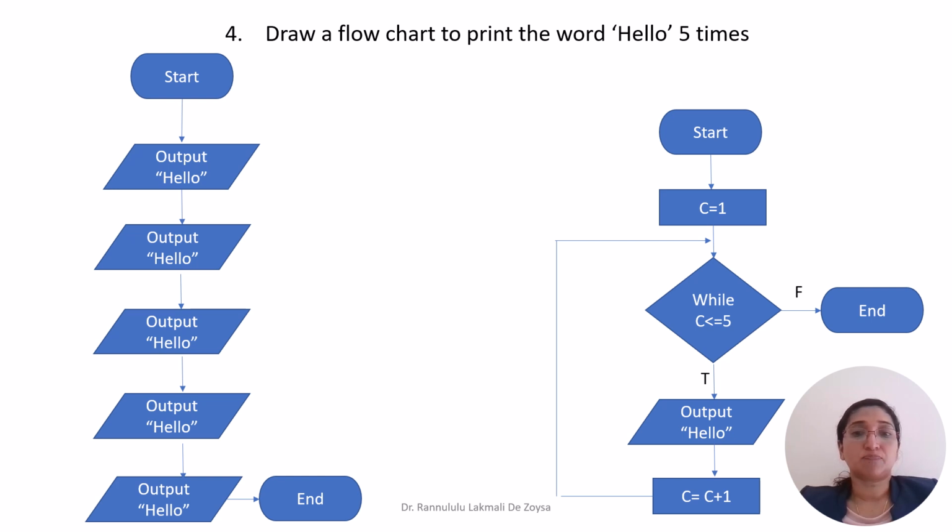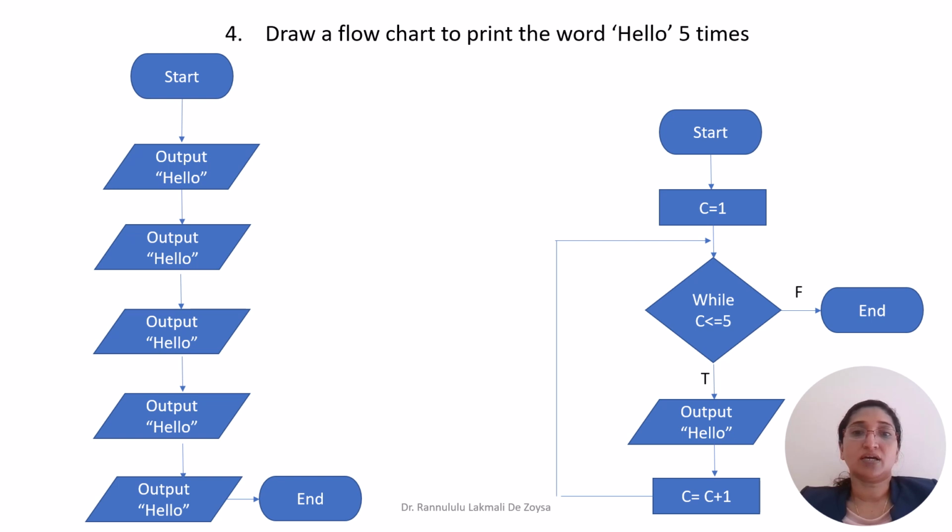But if this program is to output, say, the word hello 20 times or 100 times, this program will need only 6 statements and this will need 100 plus 2 statements.